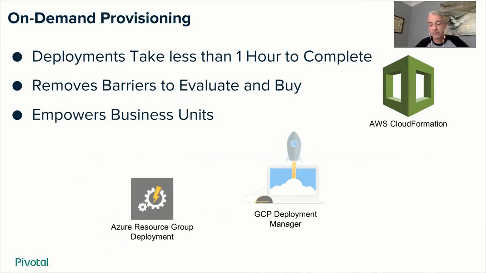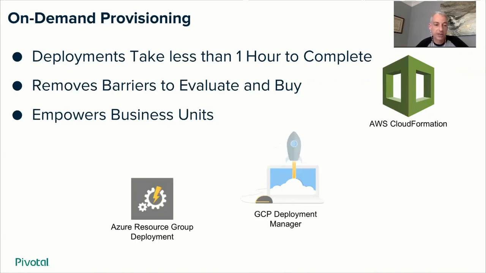This removes lots of barriers to evaluate and buy Greenplum, because usually you have to provision space on the floor, and heating, cooling, and power for an appliance or a hardware solution, to start evaluating the product. This empowers business units.